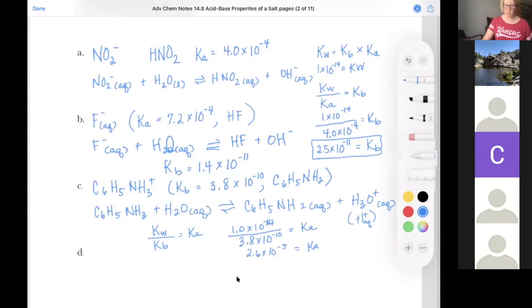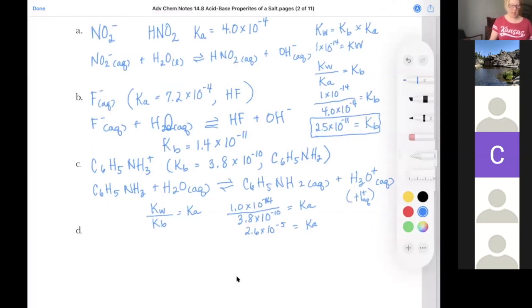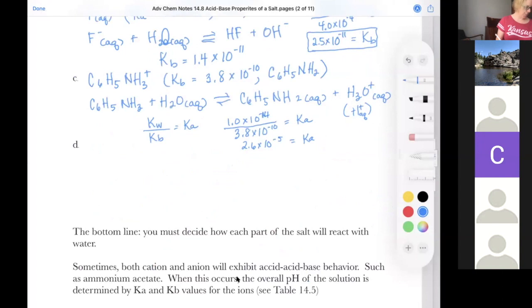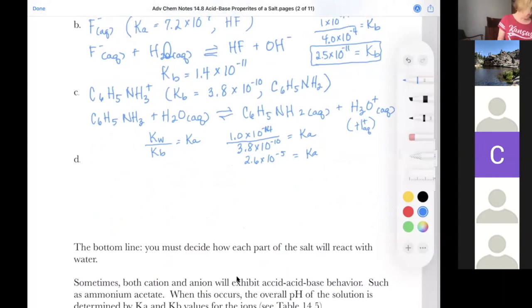Okay, so pretty straightforward. Let me have you try one on your own again. This one is imidazole, HC3H4N2 plus.